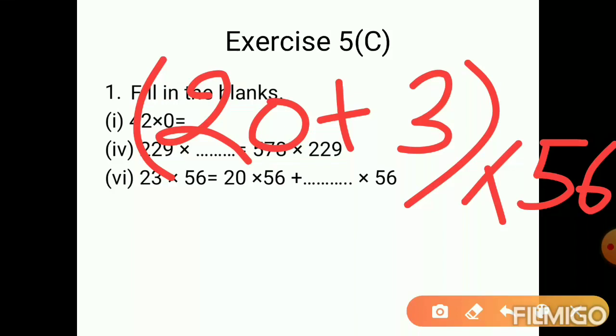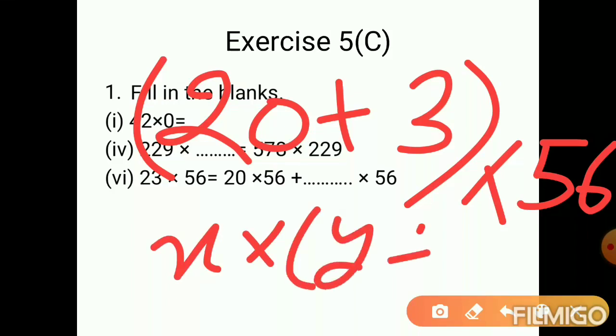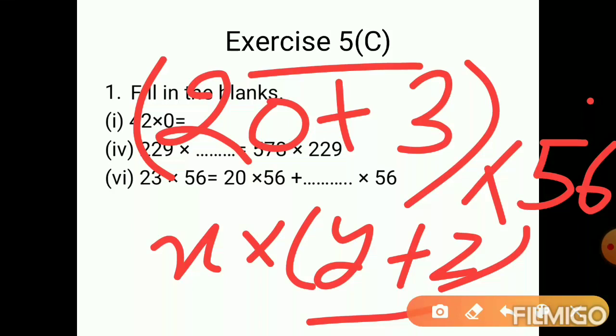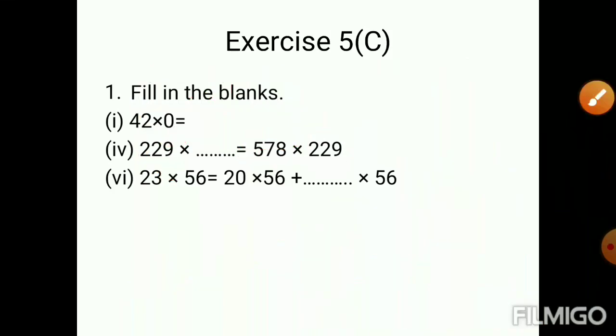Now it is the same as x multiplied by y plus z. One value of y is given as 20, the second value will be 3. So my answer will be 3.